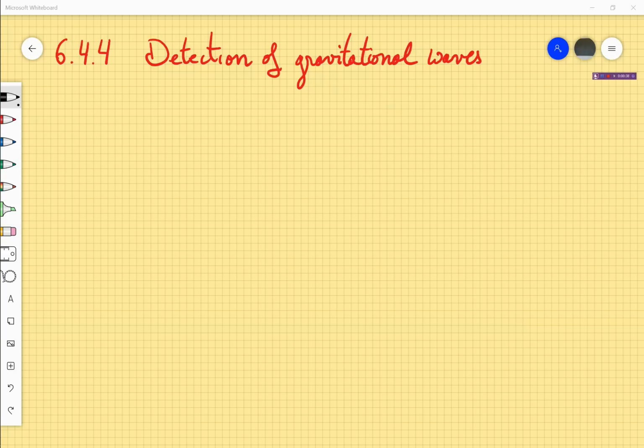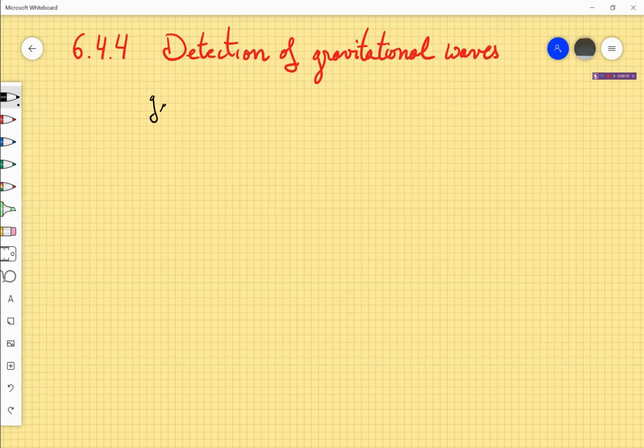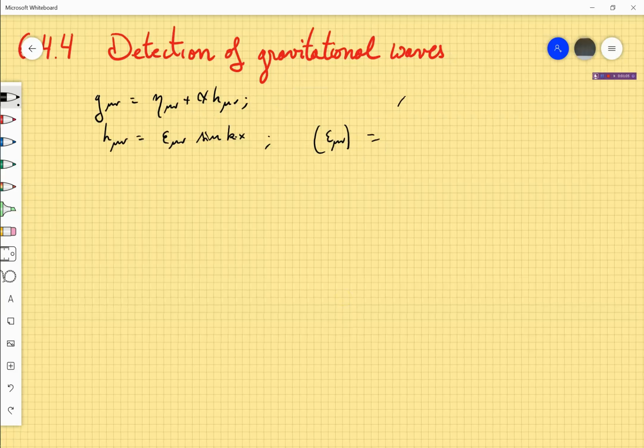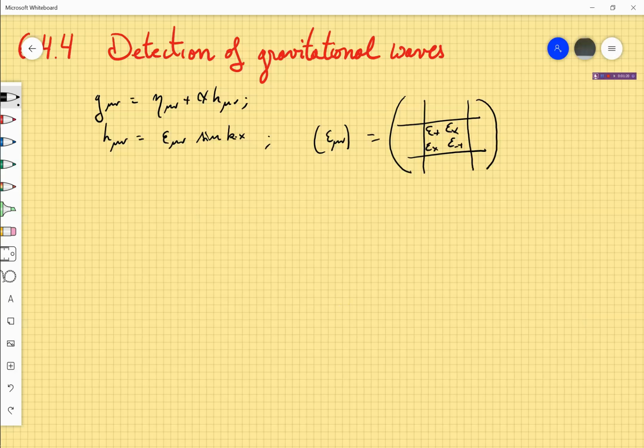Well, remember that the metric that we are studying is this one, where now h mu nu is the h mu nu associated to a gravitational wave, which we take for simplicity of this form, and where epsilon mu nu, the polarization tensor, is restricted by gauge choices that we have made to be composed of only 4 non-vanishing components, and only 2 of them independent, epsilon plus and epsilon x.